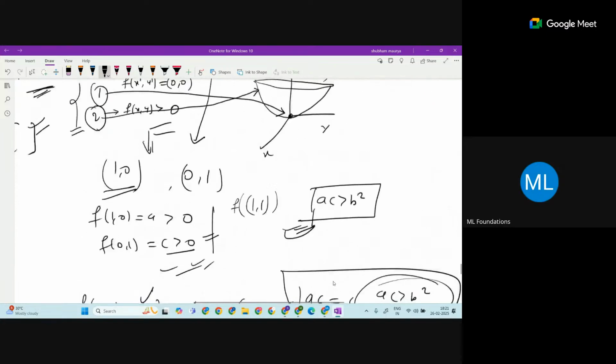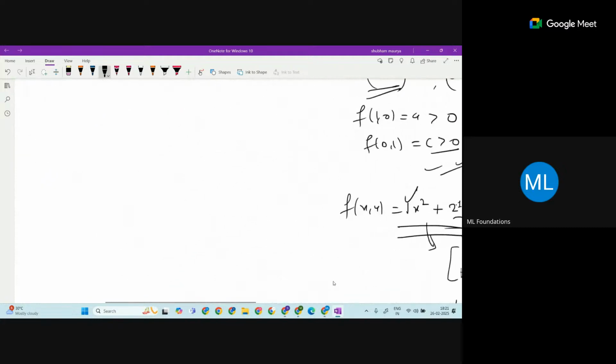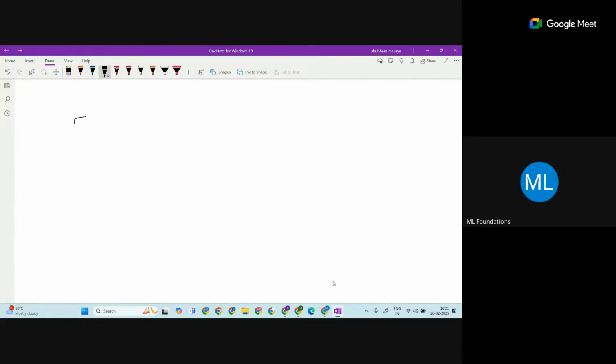The definition came from this function, but we have a broader case even. Suppose we have a square matrix of order n cross n. We'll find the eigenvalues lambda 1, lambda 2, up to lambda n.